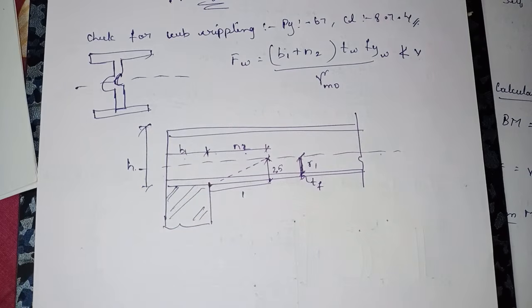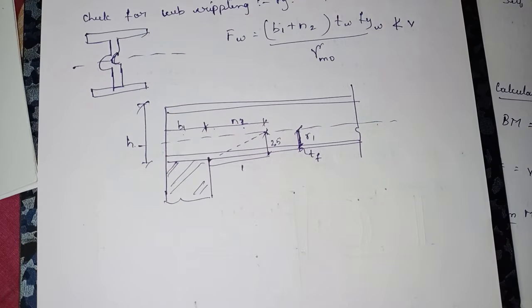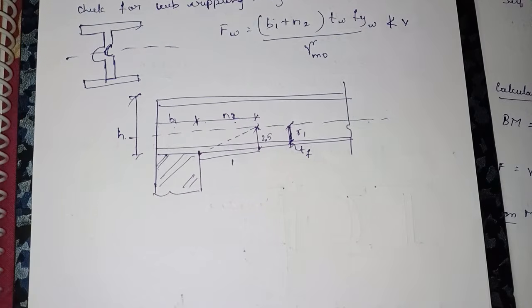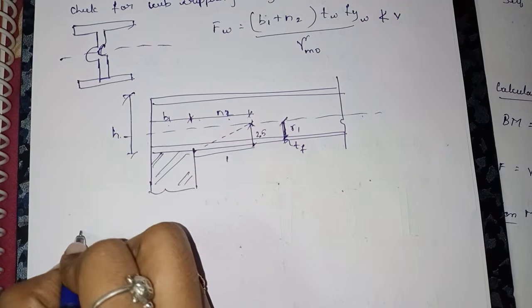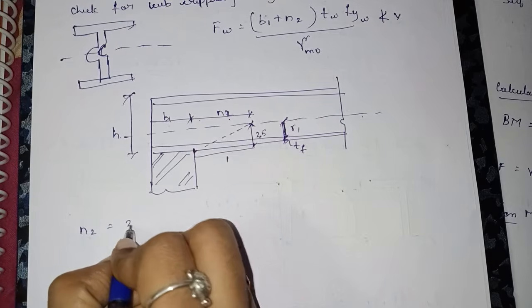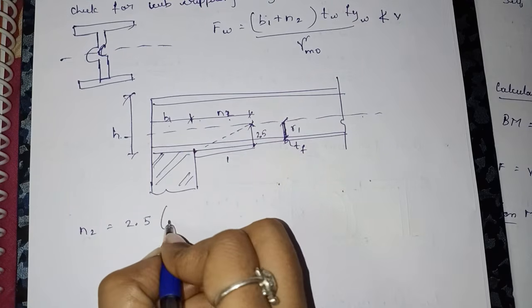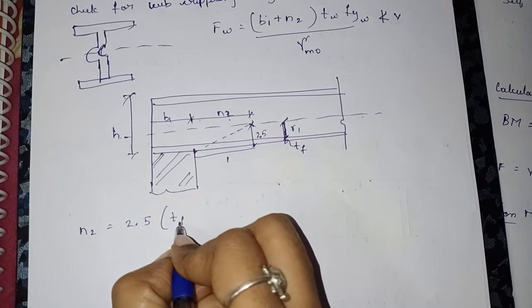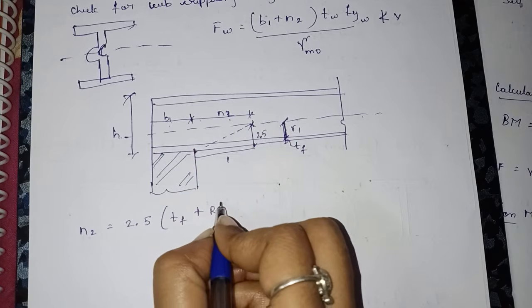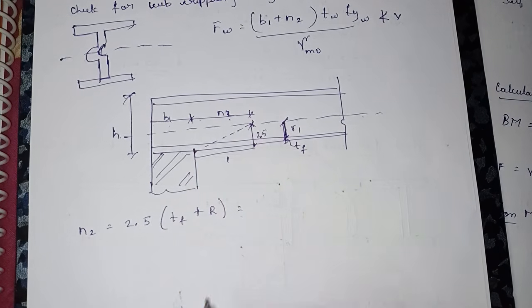The height is h. Clear? So now we'll calculate how we get that. What is N2 here? N2 is nothing but 2.5 into the thickness of the flange plus r.